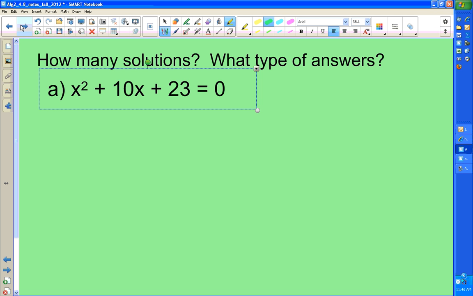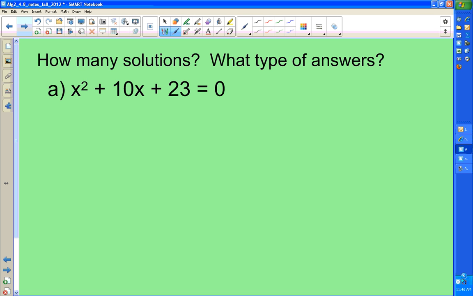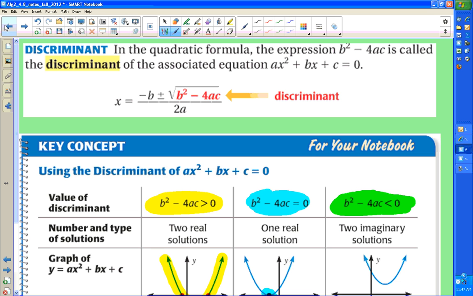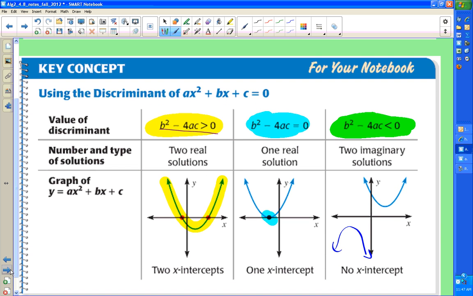So if you have a question like this, which you'll see in your homework, and you want to know how many solutions there are and what kind of solutions they are, we can just do b squared minus 4ac and say, okay, I have 10 squared minus 4 times 1 times 23. That would be 100 minus 92, which is a positive 8. According to our chart, when b squared minus 4ac is greater than 0, you're going to have two real solutions.